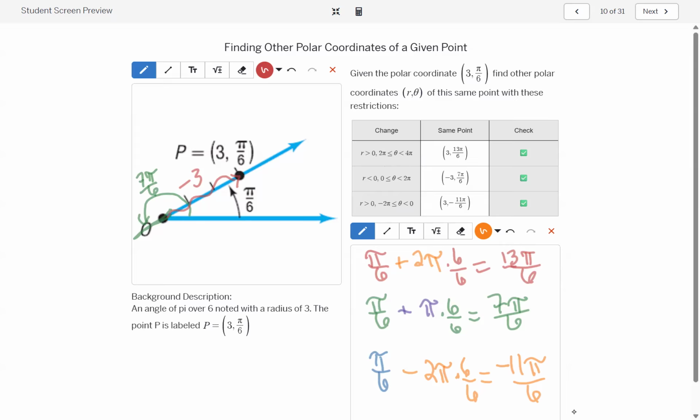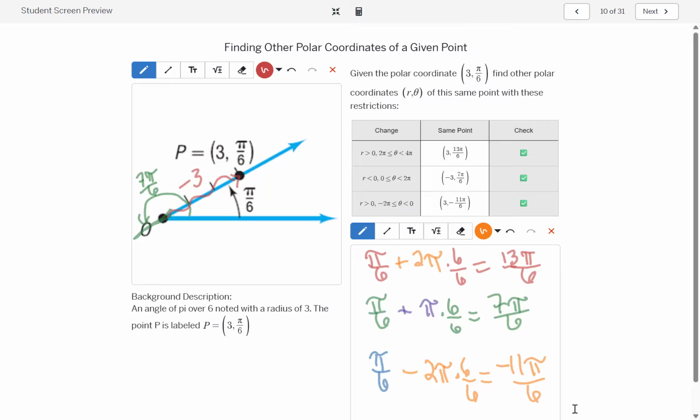Oh, okay. But wouldn't another pi work? So another pi would be 19 pi over 6. Would that still work, and it'd be negative 3? It would be negative 3, but then it wouldn't satisfy the requirement that the radius had to be positive.